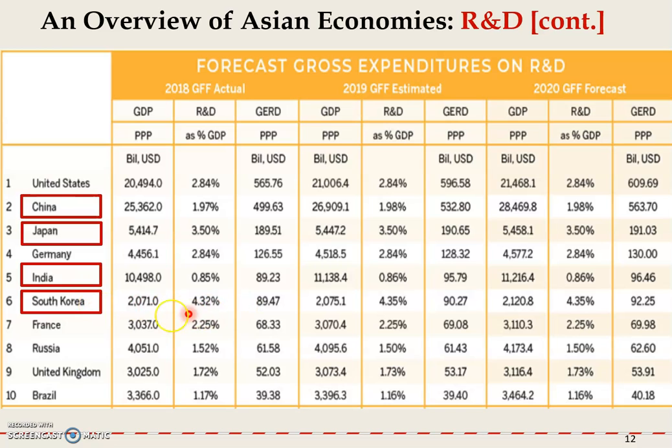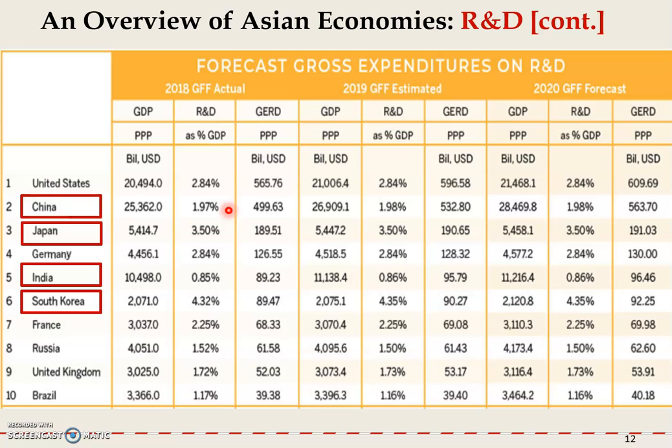Now, when we rank them, the ranking is based upon their absolute dollar amount spending. In other words, this column here, GERD. But again, our purpose of looking at this table is to focus upon the second column, the share in GDP.